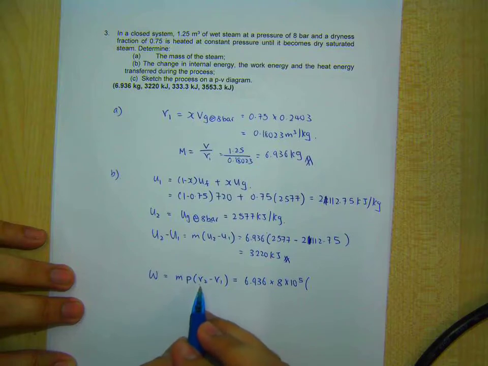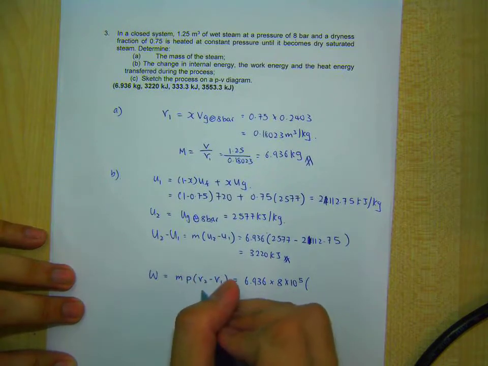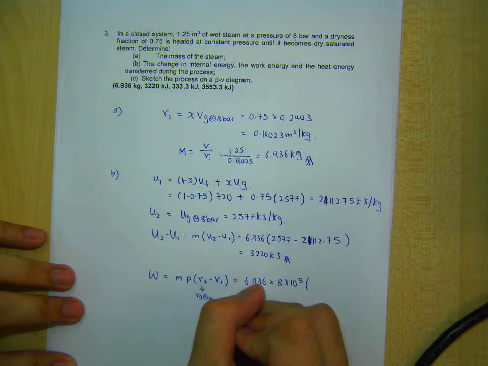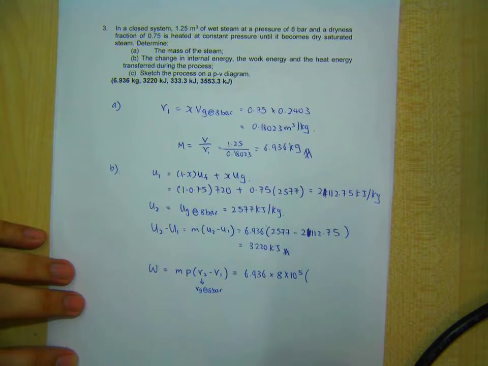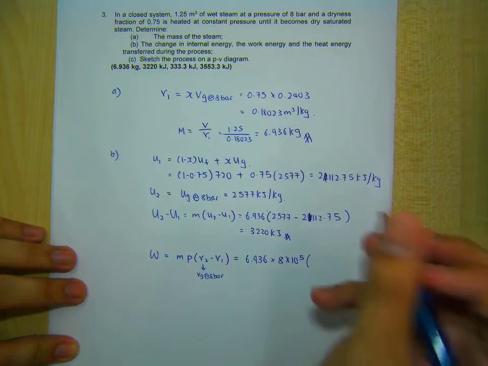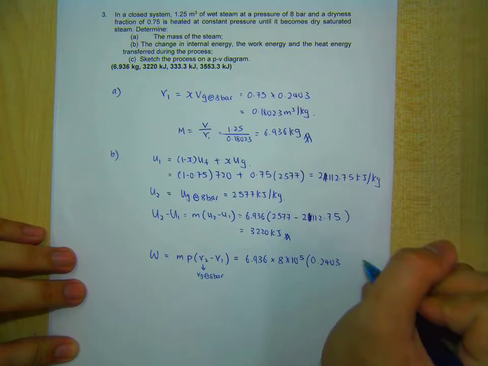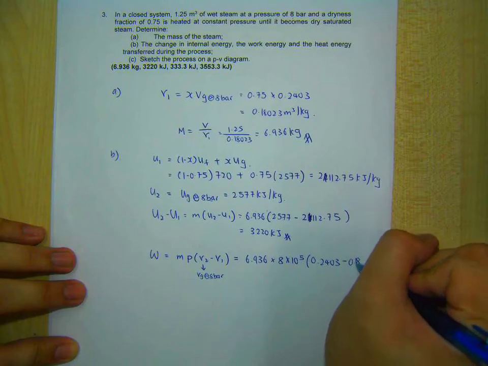For V2, where do we get the V2? Since it's a dry saturated steam, this V2 will be equivalent to VG at 8 bar. From the saturated water and steam table, you will get 0.2403, minus our V1, which we calculated.